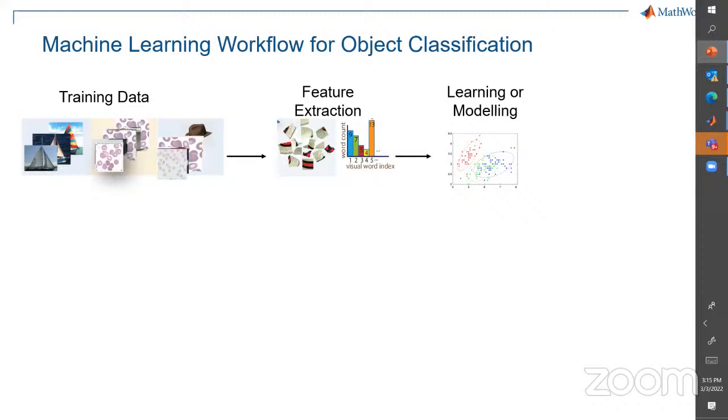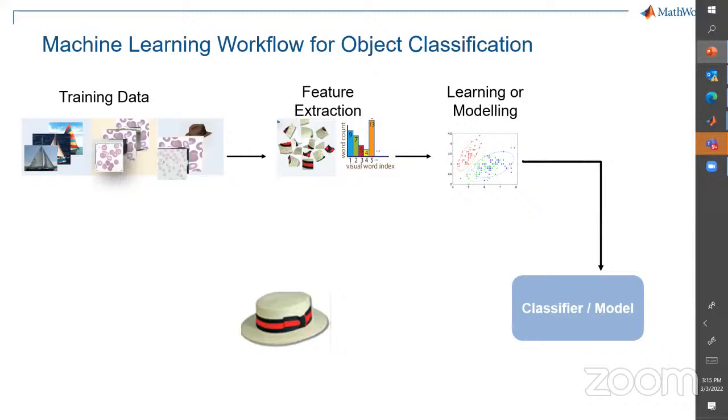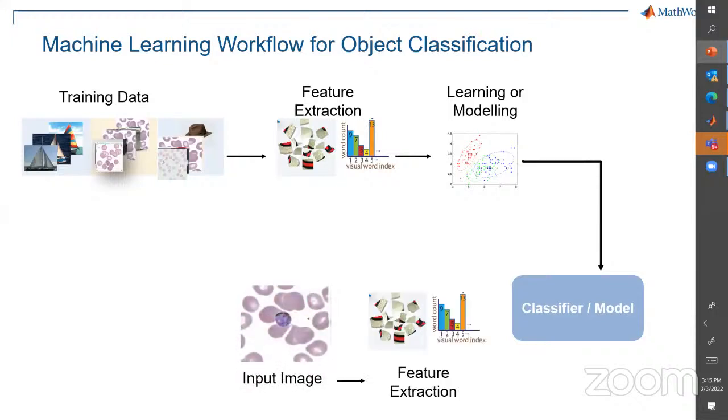Now, once you have the training data and you have extracted the features, you may want to go ahead and train your model. Once the model is trained, you will have your classifier available to you. Then you may feed the image to the model. There will be a pre-processing pipeline, which will extract the same kind of features that you extracted while training the model.